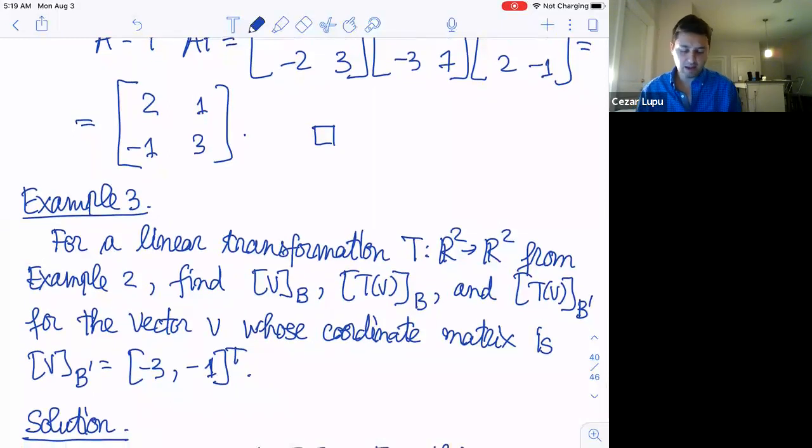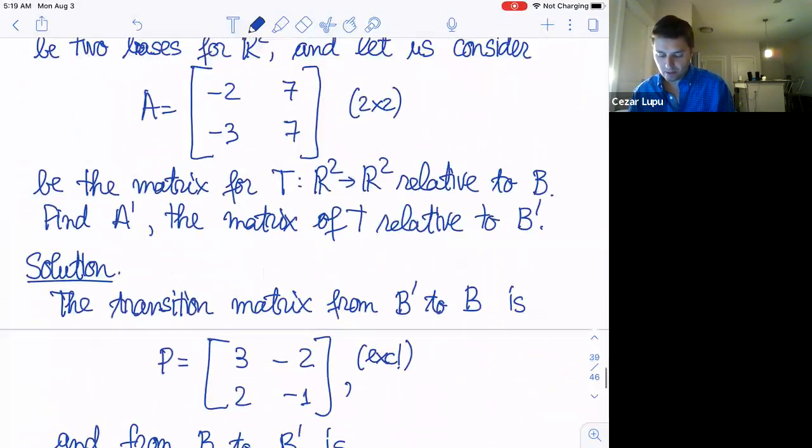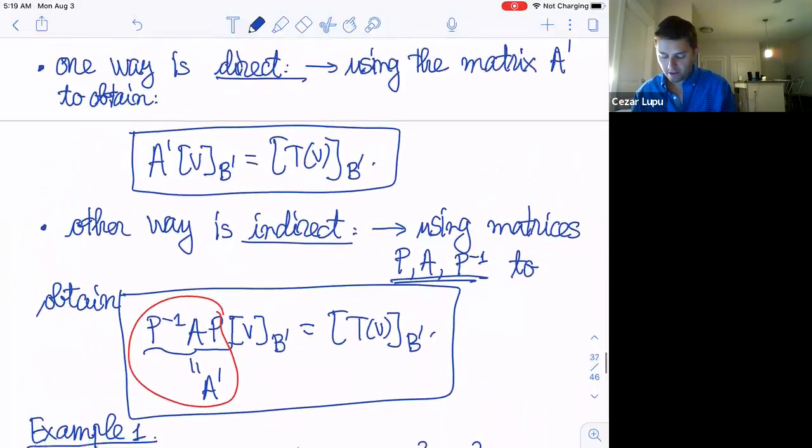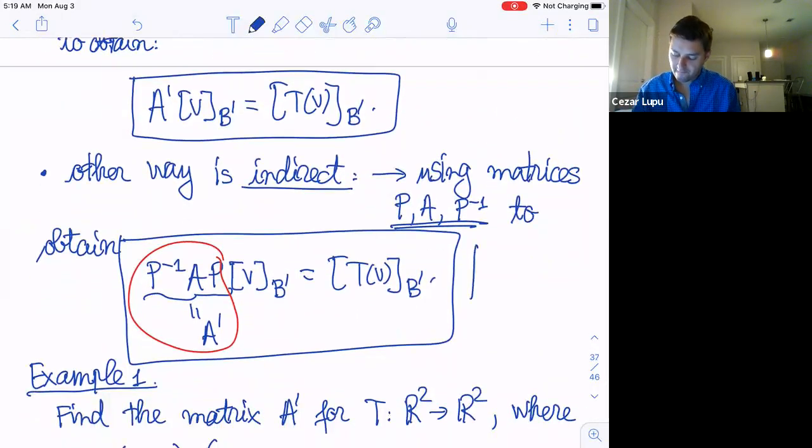Again, this is quite easy if you remember what we said at the beginning. Let me go back. You see, we have these relationships here, this one and this one.